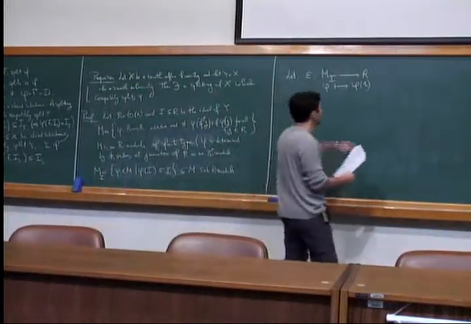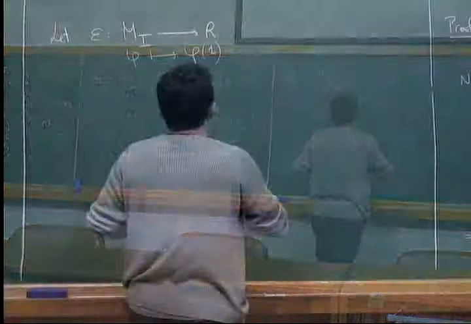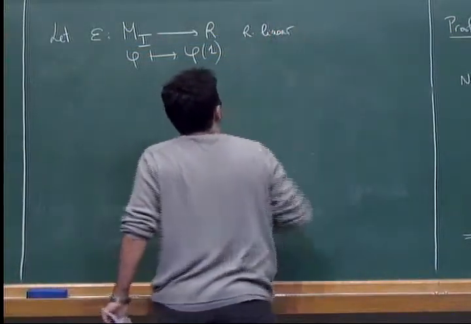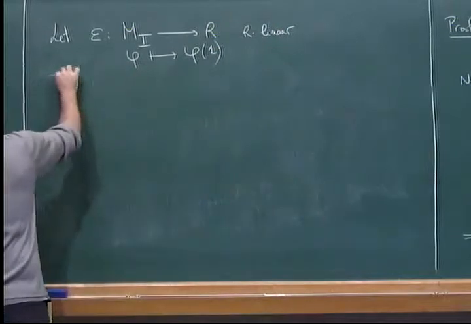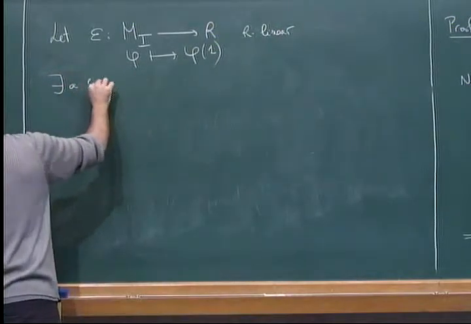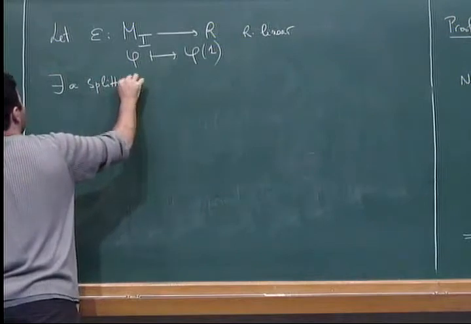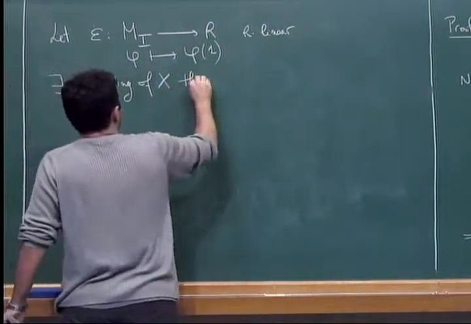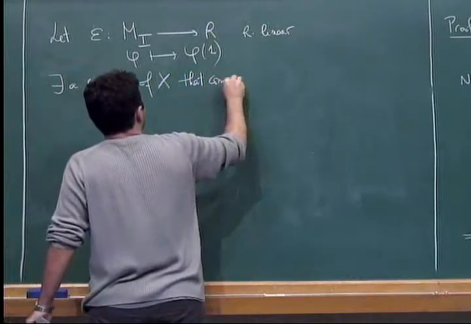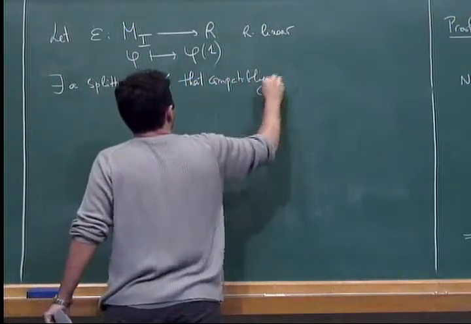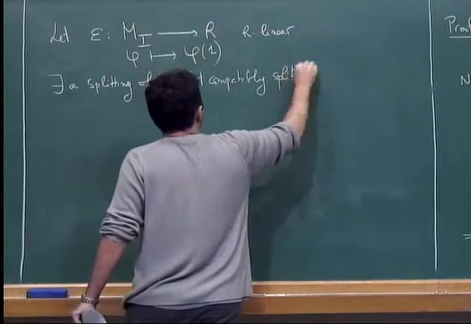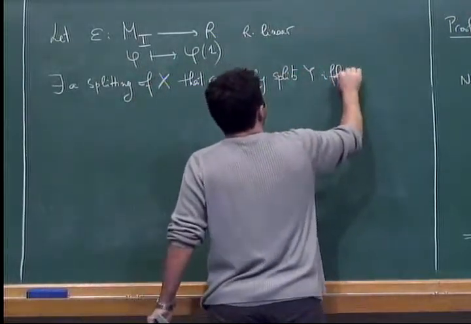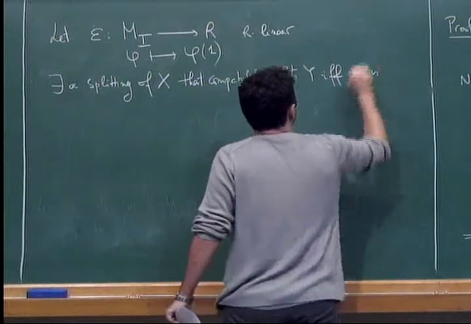So we are only interested in the fiber over 1 of this map, which is R-linear. And the claim is there exists a splitting of X that compatibly splits Y if and only if epsilon is onto.